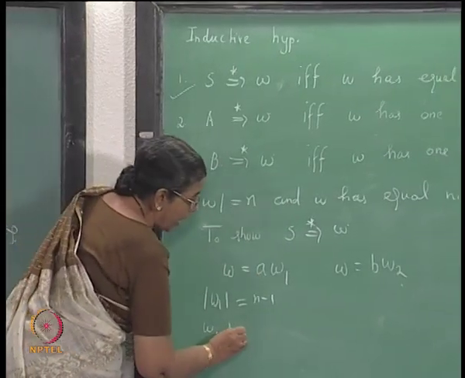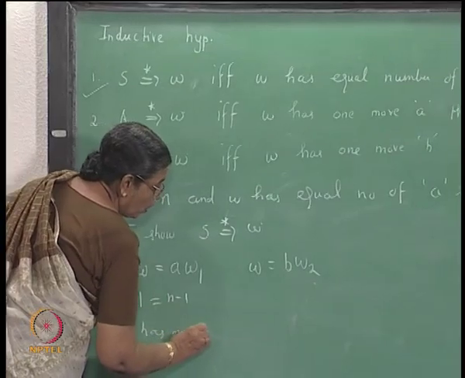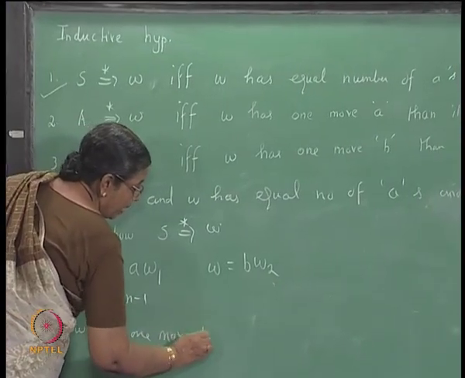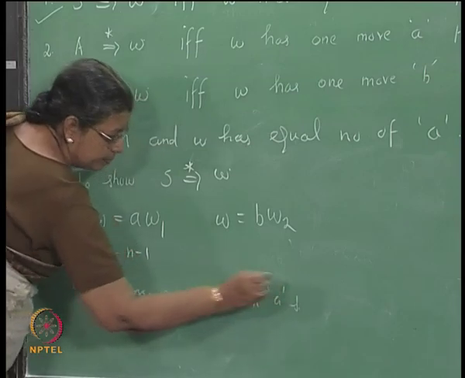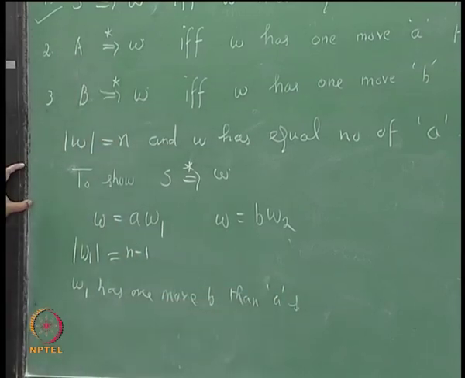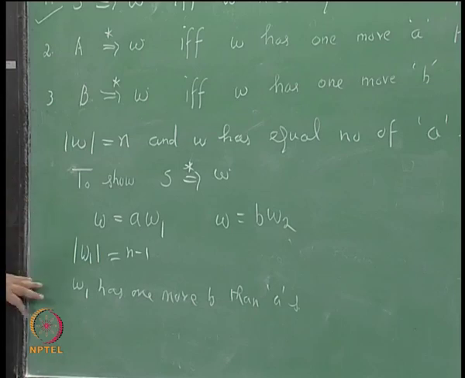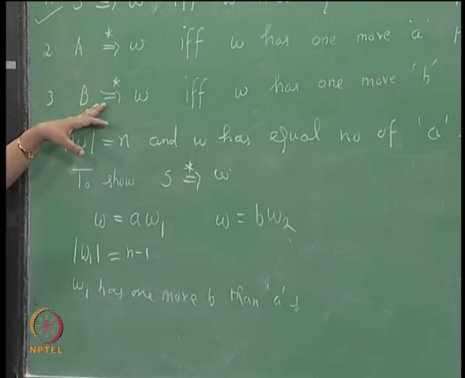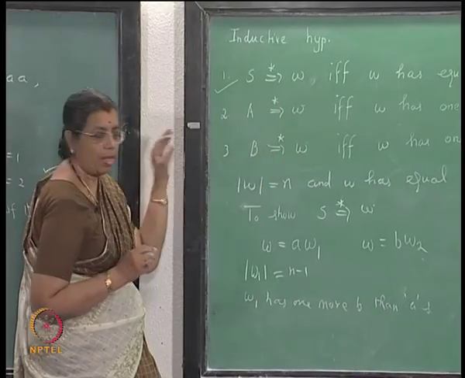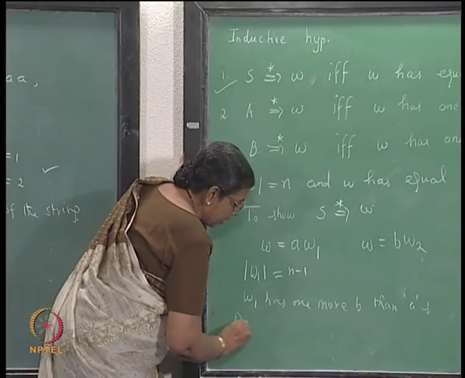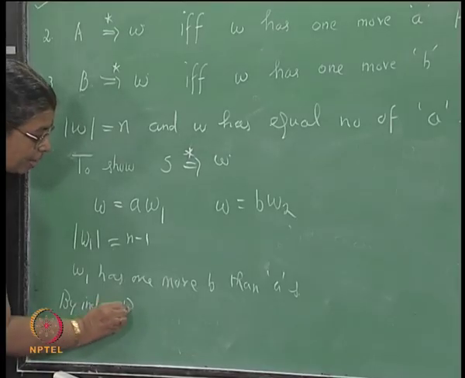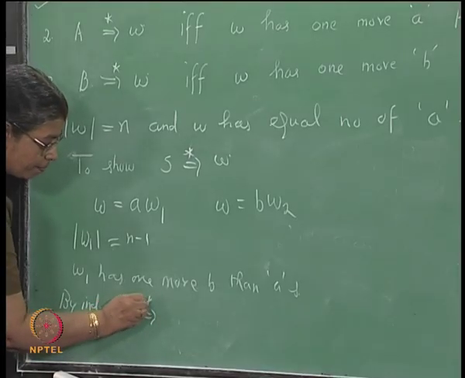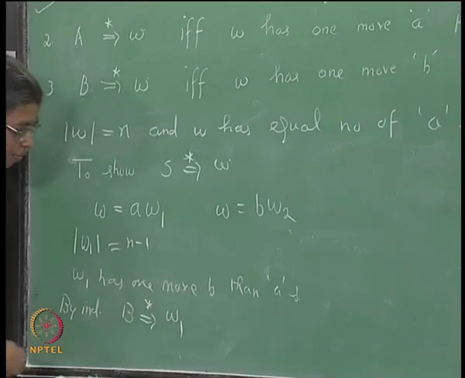So, W1 has one more B than A's. So, by the inductive hypothesis, it should be possible to derive W1 from B.